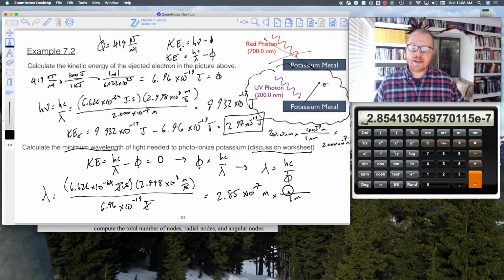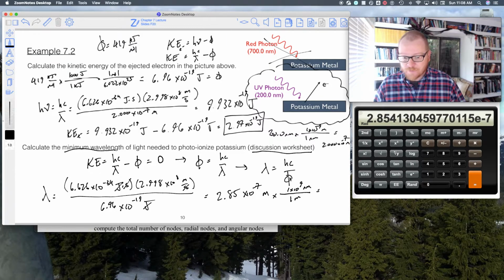So I know 1 meter is 1 times 10 to the positive 9 nanometers. And now this allows me to just do exponent math, right? So minus 7 and positive 9 gives me positive 2. So that's 2.85 times 10 to the positive 2 nanometers. That's the same as 285 nanometers.